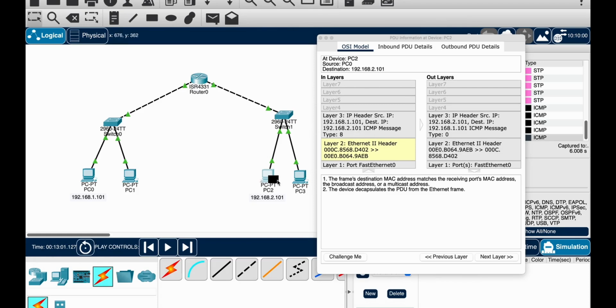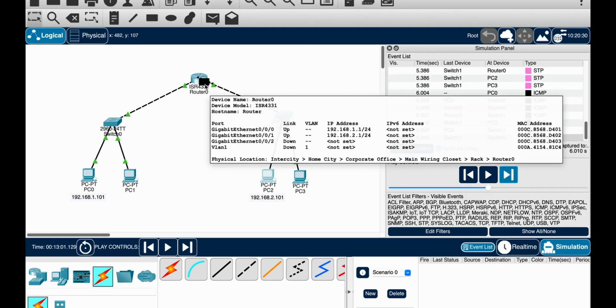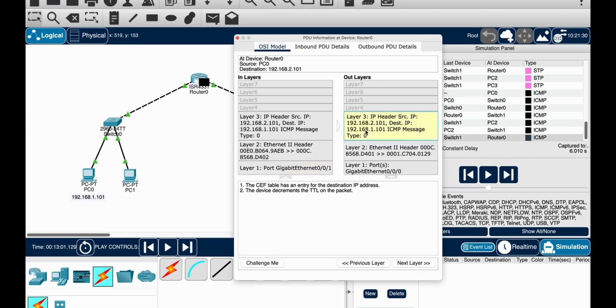And now this is going to send information from 9AEB, which is this guy over here, to the router interface, the second interface of the router, with the destination as 192.168.101. So this guy over here. When this packet gets to the router, so let's send the packet to the router, it is going to change the source to its own and the destination to this guy over here.